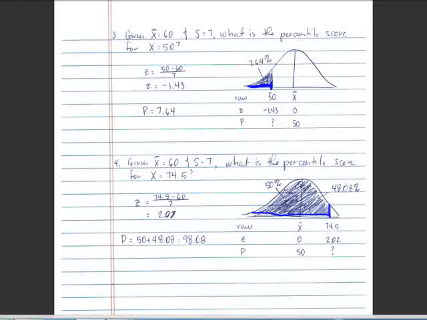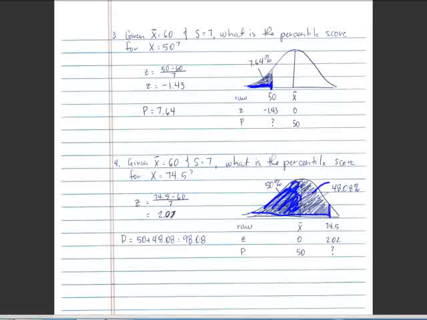Anyway, if you go to the z table, whichever one is correct, you would have found that there is 48% of the scores between the mean and the z. And why did I add it to 50%? Because I know 50% of the scores are over here.